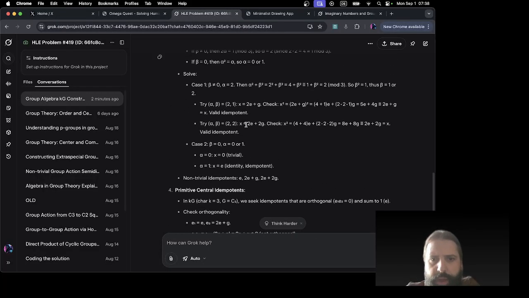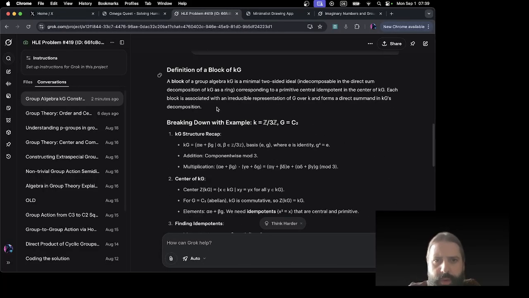Blocks, let's go through these, okay. So a block of a group algebra is a minimal two-sided ideal indecomposable in the direct sum decomposition of KG as a ring. It's too much at once here. Corresponds to a primitive central idempotent in the center of KG. Each block is associated with an irreducible representation of G over K and forms a direct sum in KG's decomposition. Okay.